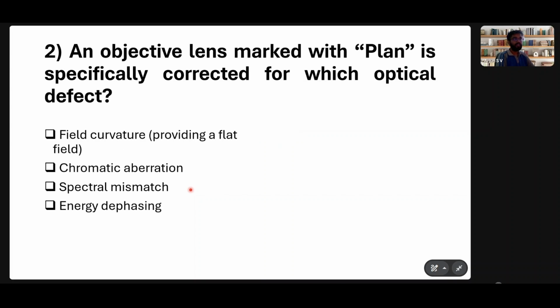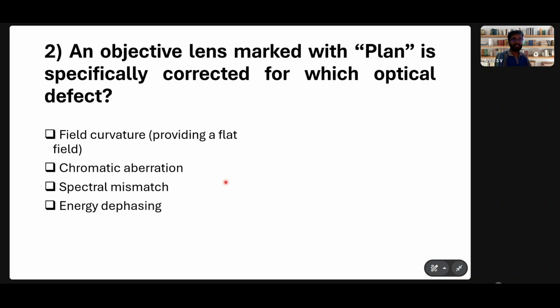So, question number two, an objective lens marked with plan is specifically corrected for which optical defect? Options: field curvature, chromatic aberration, spectral mismatch, and energy defacing.